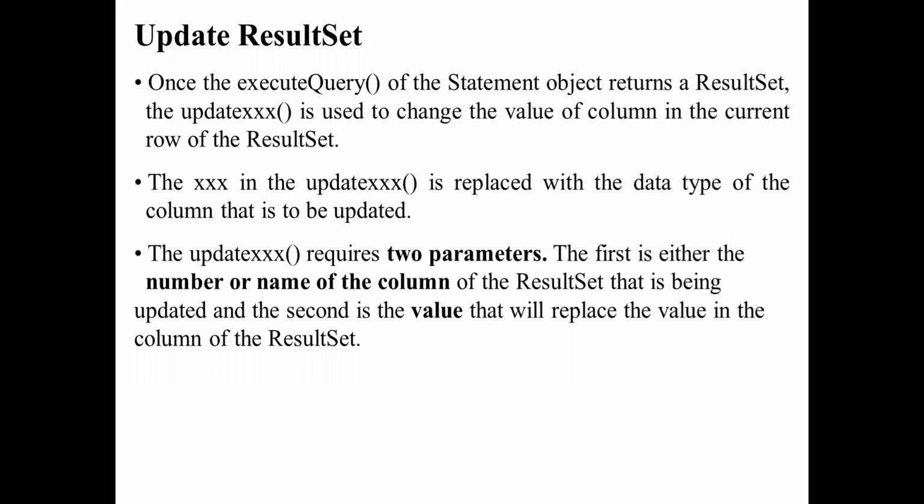So when you use the two parameters, the first one is the number or name of the column, and the second one is the value, so we can replace the data of the column contained in the result set. These are the two parameters of updateXXX.